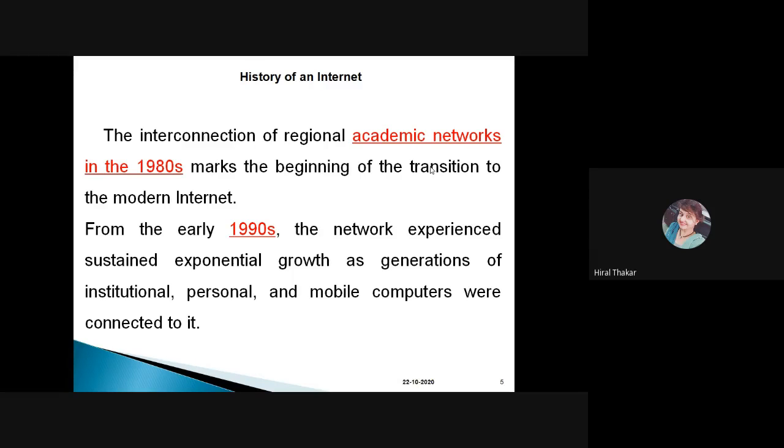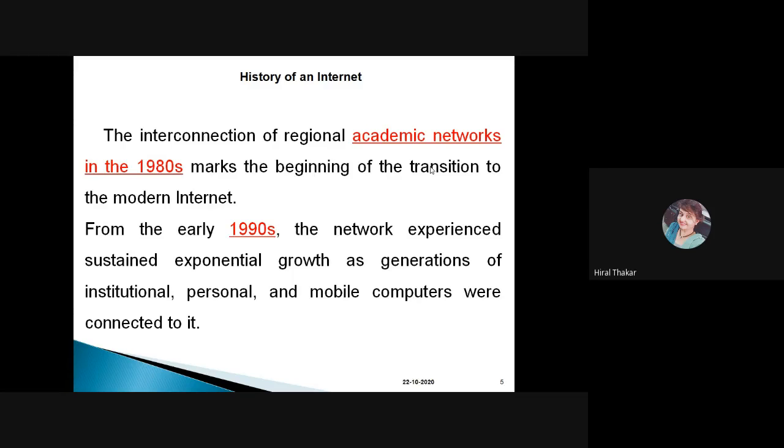The interconnection of regional academic networks in the 1980s marks the beginning of the transition to the modern internet. So from here the internet starts. It was adopted by academics, by the universities. Previously it was just for the army, and in academia also it went very well.